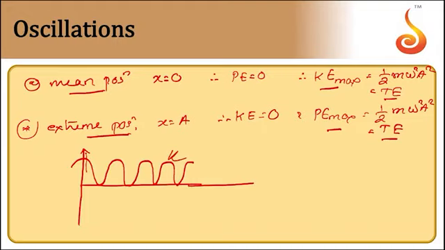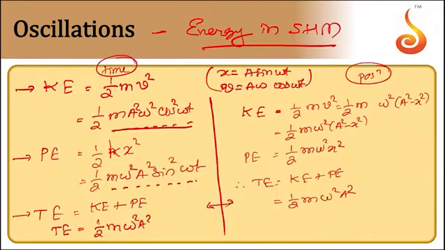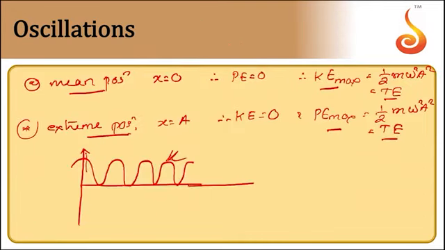And if you consider the potential energy, this is the kinetic energy. What is the expression for potential energy? It is half m omega square sine square omega t. So the nature of this graph is something like this. Right?